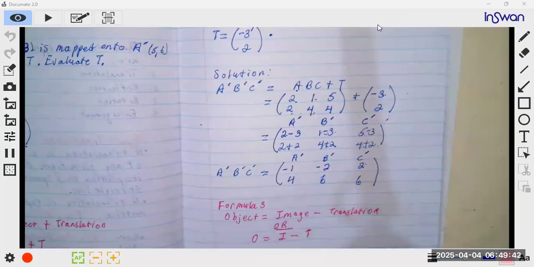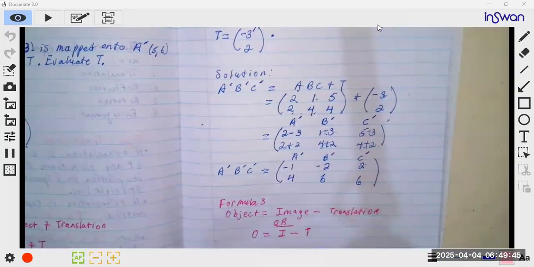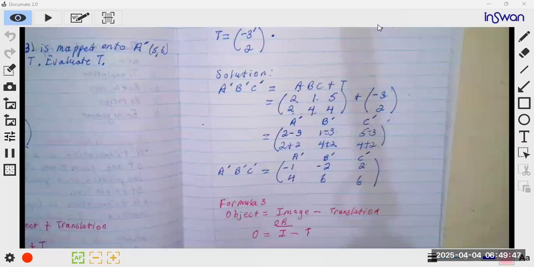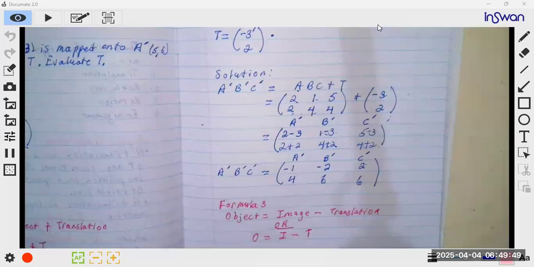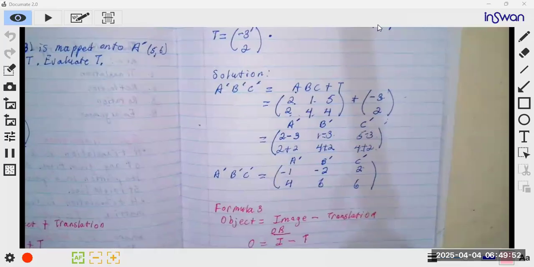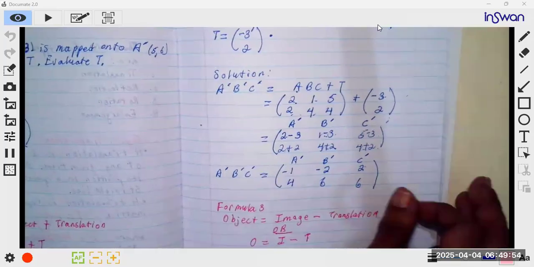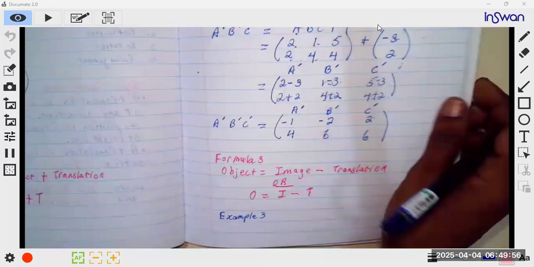I think I could put the example right here. Example 3. Everybody saying?